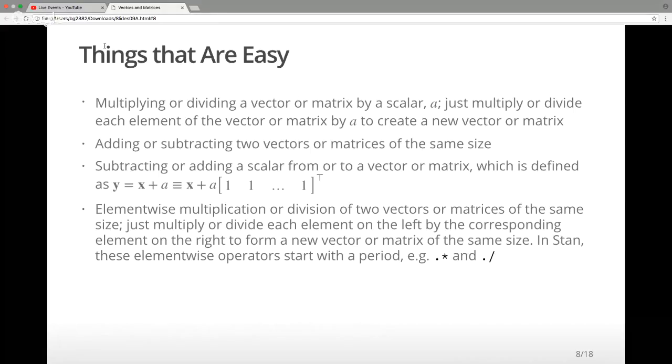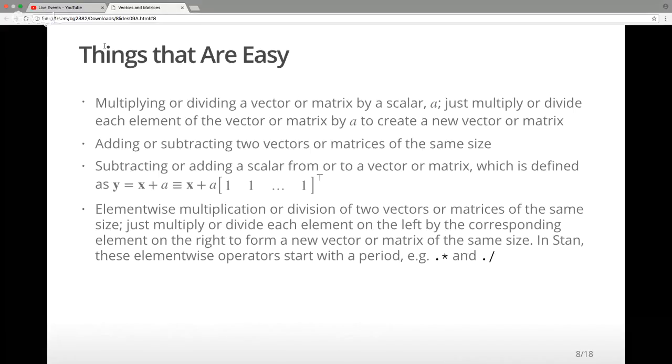You can add them together, and that's how y is defined in this case. Obviously, a could be negative, in which case you're really just doing subtraction. So both addition and subtraction of a scalar with a vector or a matrix is considered a well-defined operation. This is also related to R's tendency to recycle a when you're trying to add it to a vector x or something like that.